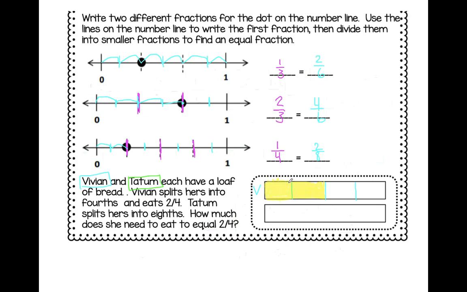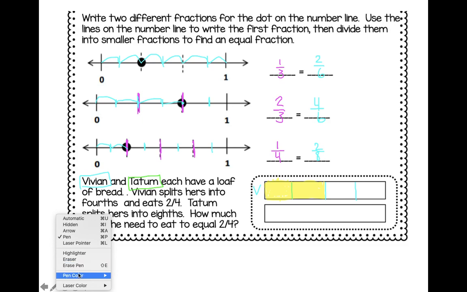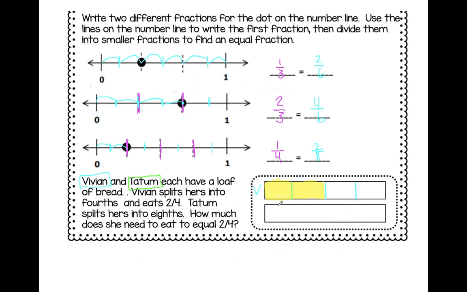That is Vivian. Now with Tatum, it tells us that she splits hers into 8ths. So try your best to break yours apart into 8 equal parts. Now, notice if you were to draw this in your notebook, make sure your two rectangles are perfectly lined up. They're the same length and size.